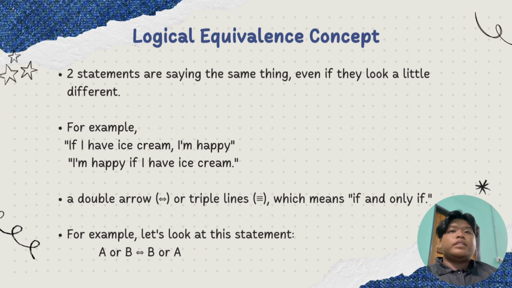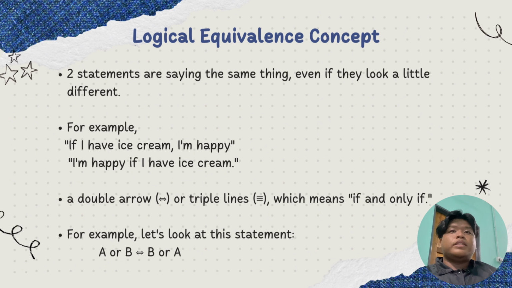Next, let's look at example 1. In example 1, we compare A or B and B or A. The truth table shows us that both statements are true in the same cases, so they are equivalent. Now let's see example 2.